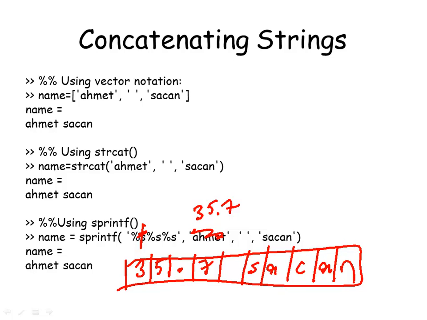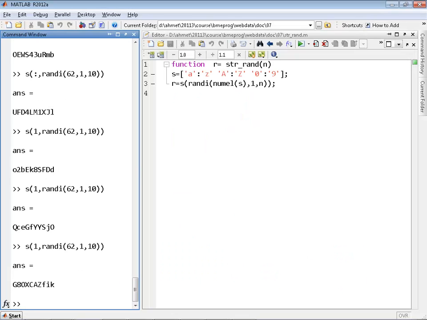So you are taking a number and converting it into a string, meaning you take the decimal representation and you allocate one character for each decimal place. And that's %f. Yes, %f. And you cannot do this using the vector notation. If you did the same thing using vector notation, I think Matlab will give you an error.